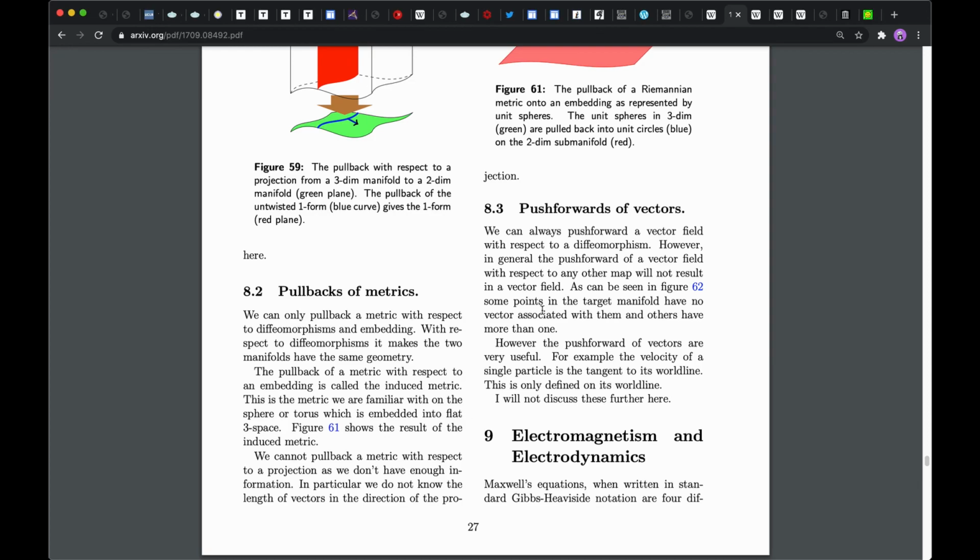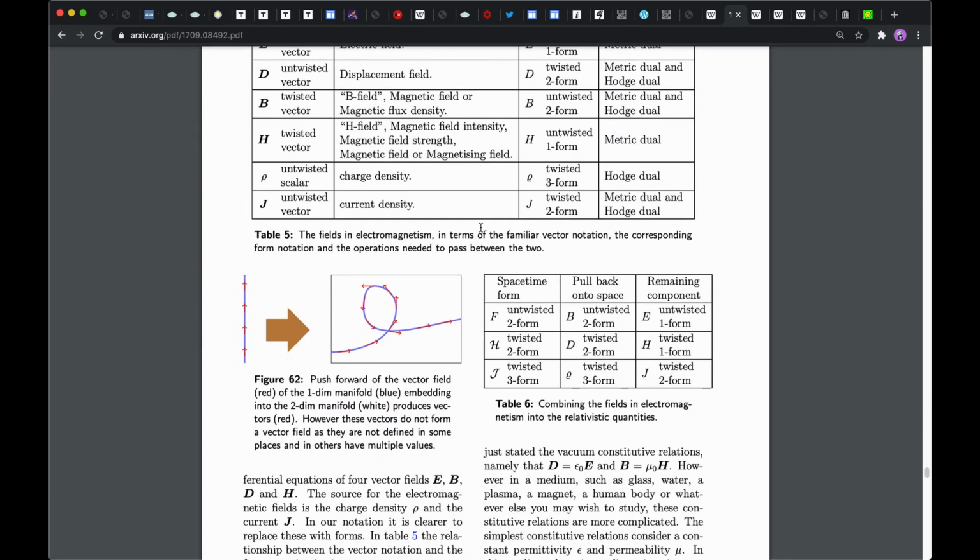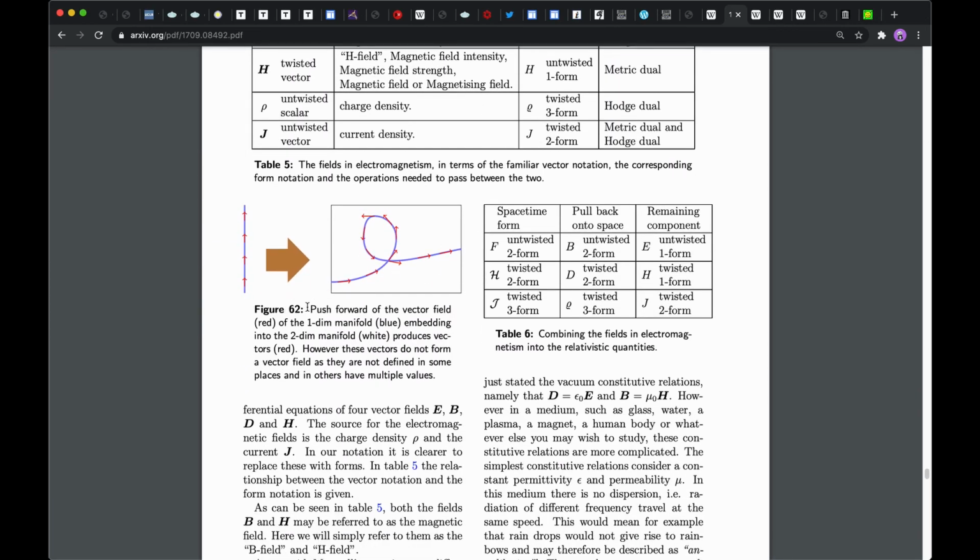It's called push forwards, and basically you can push forward the vector fields, but for push forwards they do not guarantee to be preserved, and it's demonstrated on the picture below, figure 62 here.